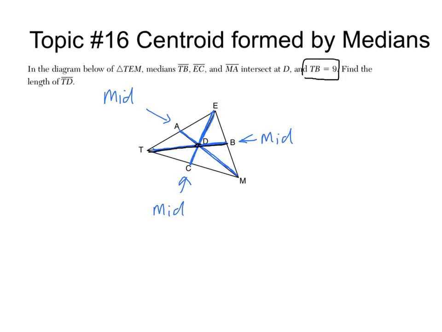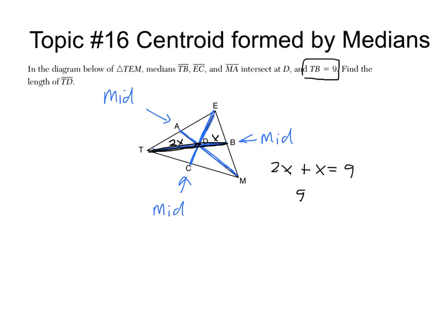So that whole segment's worth 9. If that whole segment's worth 9, the smaller part is always half as big as the larger part. So you'd have to just set up the simple equation that together the 2x plus the x is equal to 9.